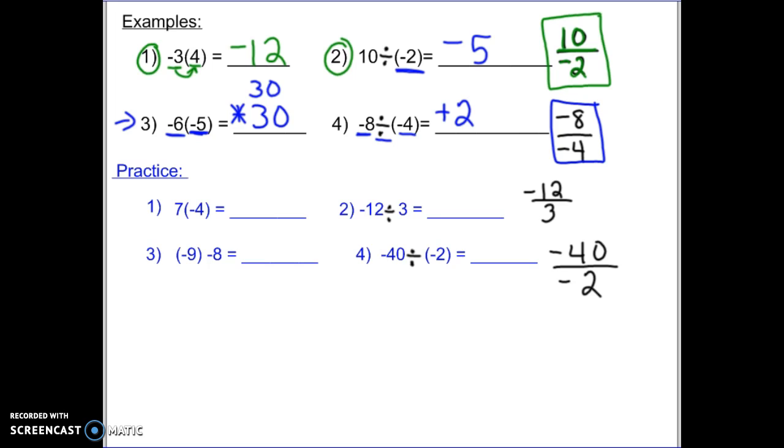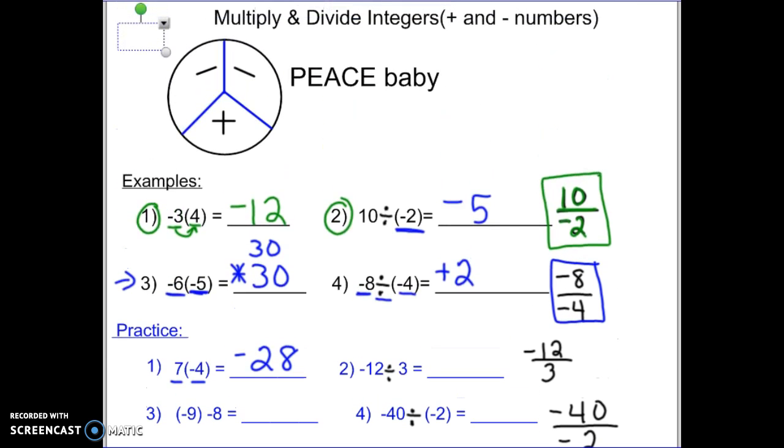Now that you have had time to do your practice problems, you're going to check your answers. So practice problem number 1, you are multiplying positive 7 times negative 4, and your answer should be negative 28. If you did not get negative 28, you're going to use your Peace Baby and go back through it. We're multiplying a positive times a negative, which means our answer will be negative, and 7 times 4 is 28.